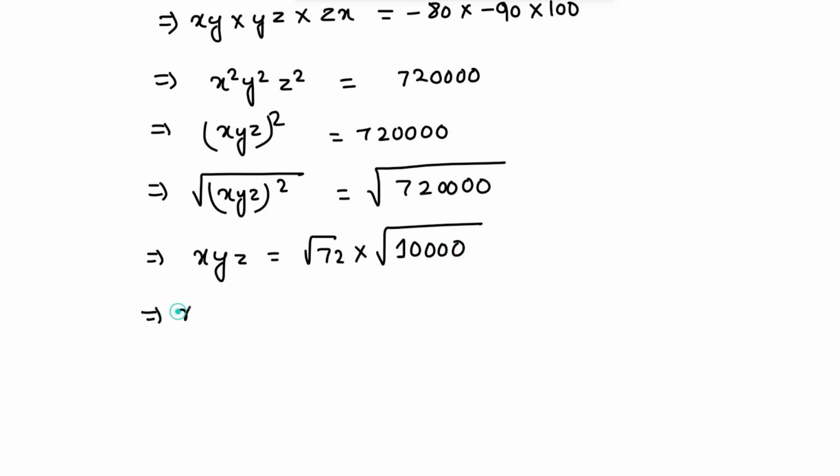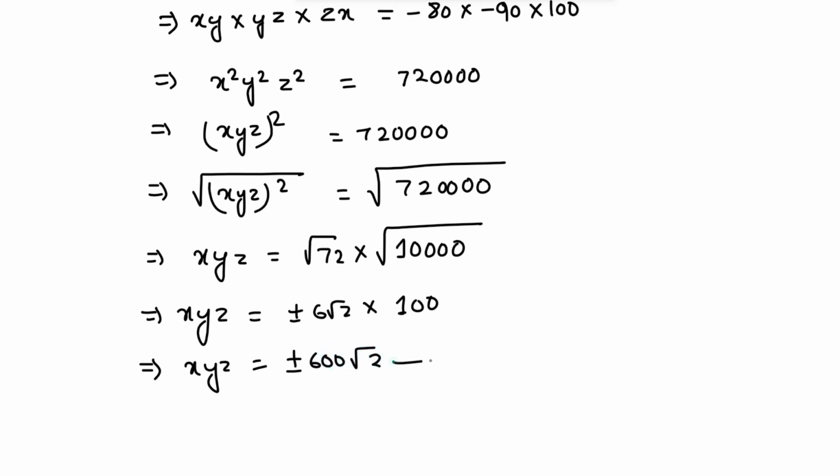Root of 72 is plus or minus 6 root 2, and root of 4 zeros is 100. Now I multiply the 6 with 100, so xyz equals plus or minus 600 root 2. Let's call this equation 4.